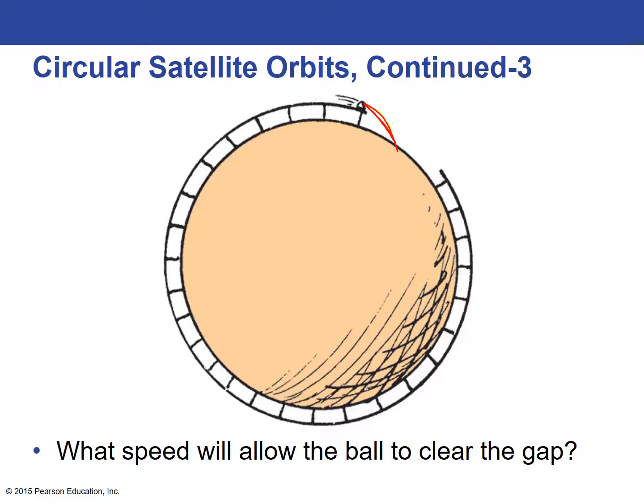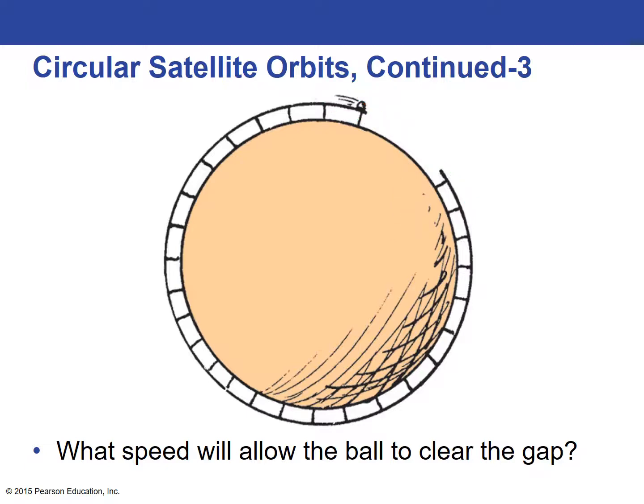Well, now that there's no support force, now that the bowling ball is taking the inward seeking force, it's going to gain speed. So its circular path, in fact, changes into a parabolic path. And it will be going faster and faster as it goes toward the ground. All right? So what speed would it take?